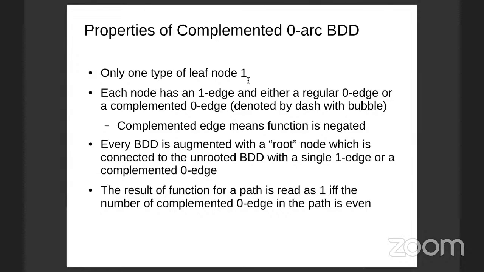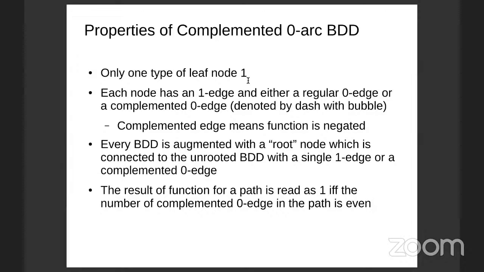And all the paths that take you to 0 are the ones that evaluate to 0. The result is, if you have a Boolean function f and the negation of that function, obviously there can be very little sharing between the two, because f will take one set of assignments to 0, whereas f bar takes the other set of assignments to 0 and vice versa.